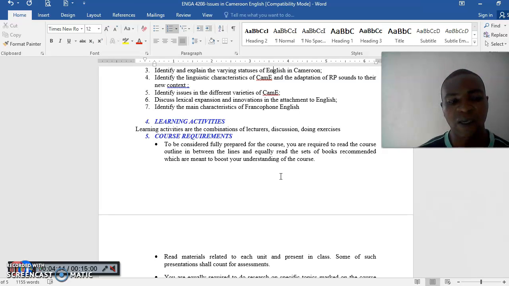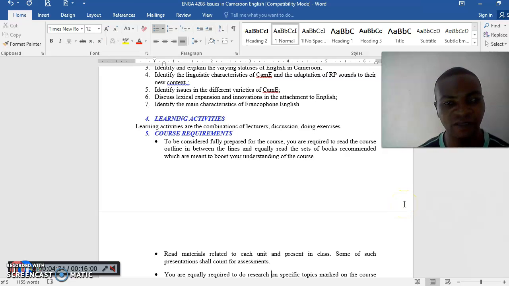When we do our online classes, when we get to class, we will do the discussions of the things we have done online. And exercises are always given at the end of lectures. So you should be ready to have exercises to do and then submit them. Exercises will be given in the form of assignments for you to do.